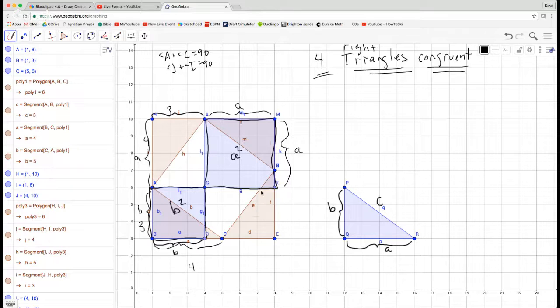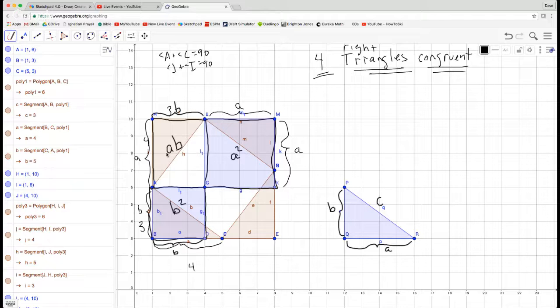Now we have to ask ourselves, how big is this piece and how big is this piece? Well, we know that if this side is 3 on this side and 4 on this side, or this is B and this is A, then this rectangle is A times B, or AB.